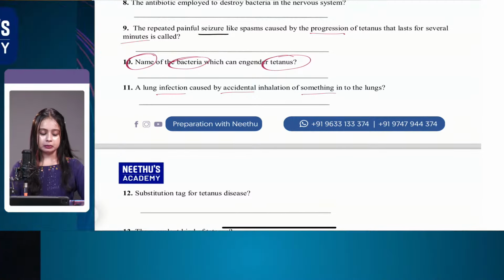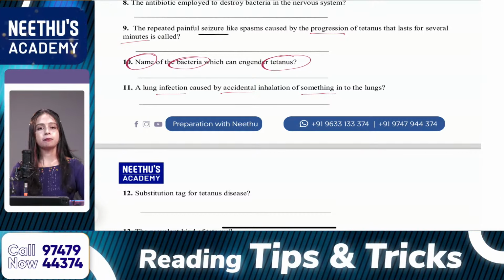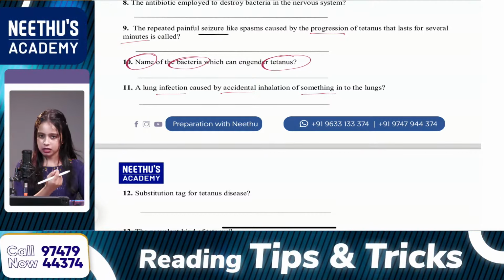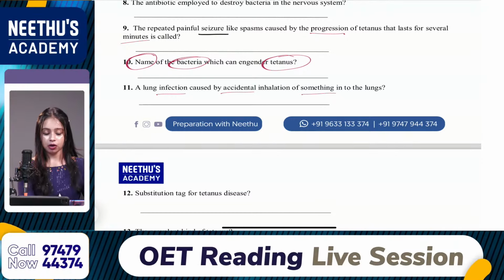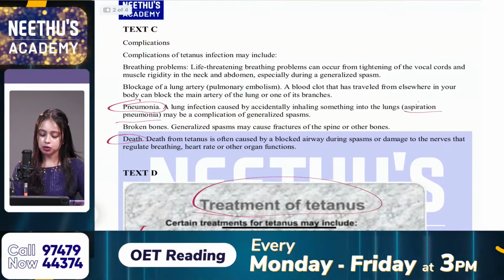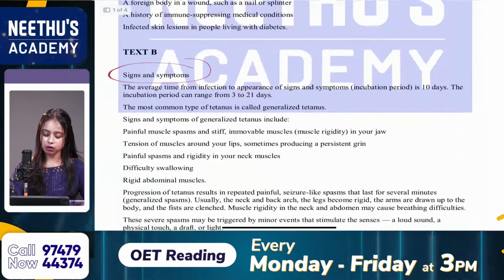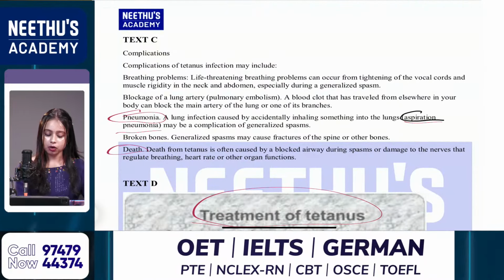It is pneumonia. But there is a slight change in the answer. It should be aspiration pneumonia, which is from text C. The answer should be in the bracket, aspiration pneumonia.